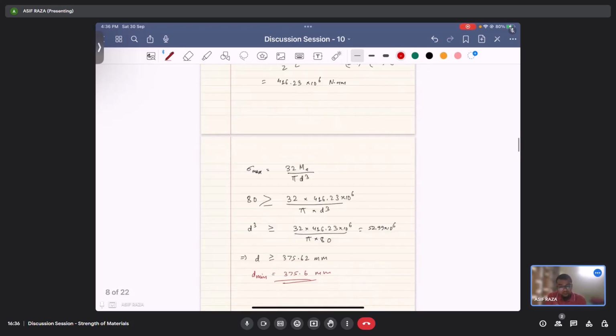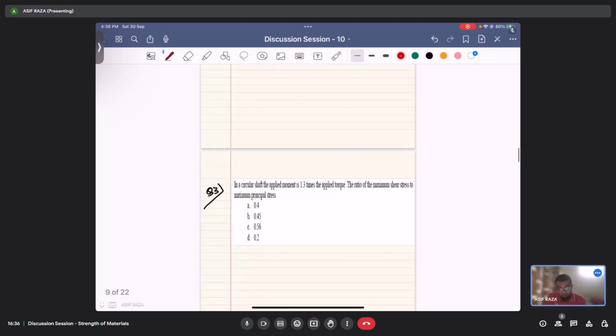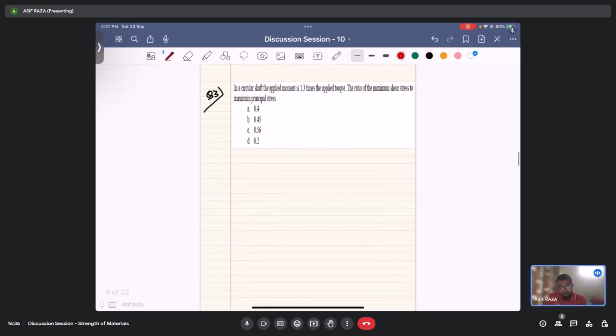Yeah, moving on to the next question now. The third question is, in a circular shaft the applied moment is 1.3 times the applied torque. The ratio of the maximum shear stress to maximum principal stress is, and the options are 0.4, 0.45, 0.56, 0.2.